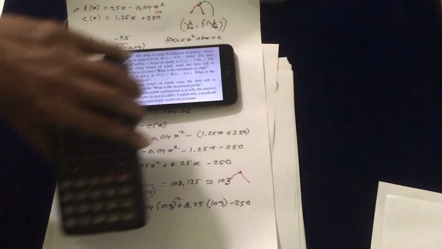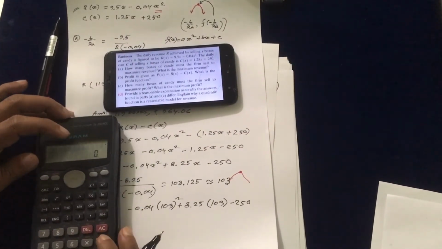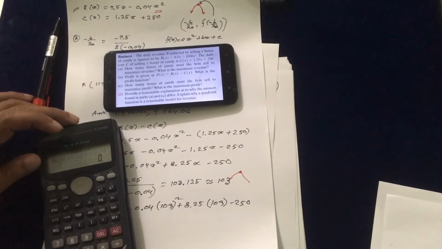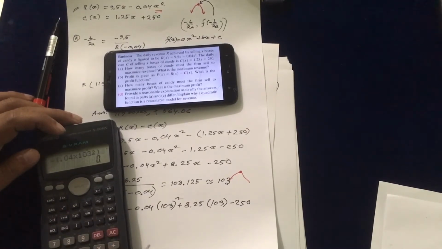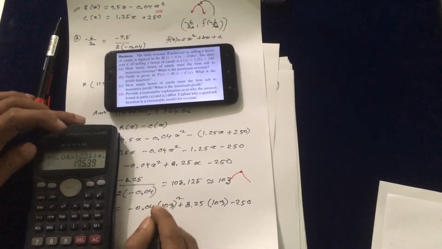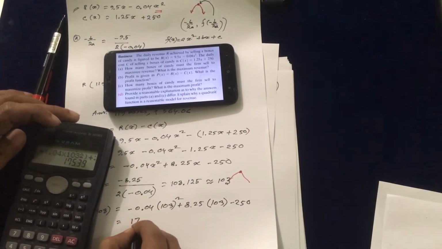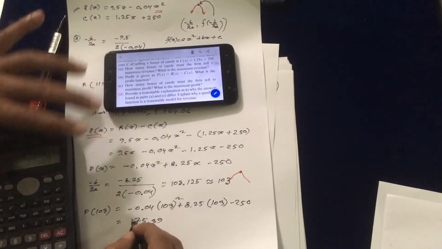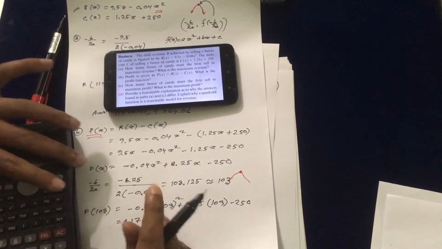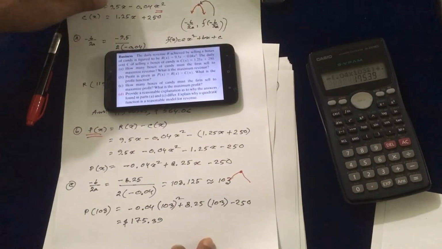Let me try to do everything in a single calculation: 0.04 into 103 whole squared, bracket close, plus another bracket, 8.25 into 103, bracket close, minus 250, equals 175.39. As it is a price, it should be in dollars. So we have got the dollar.